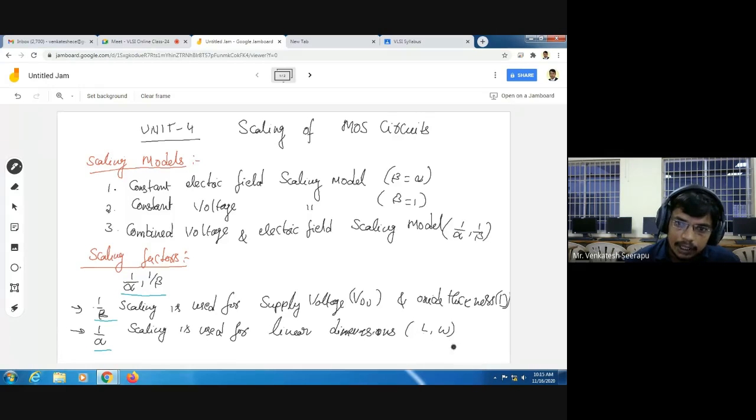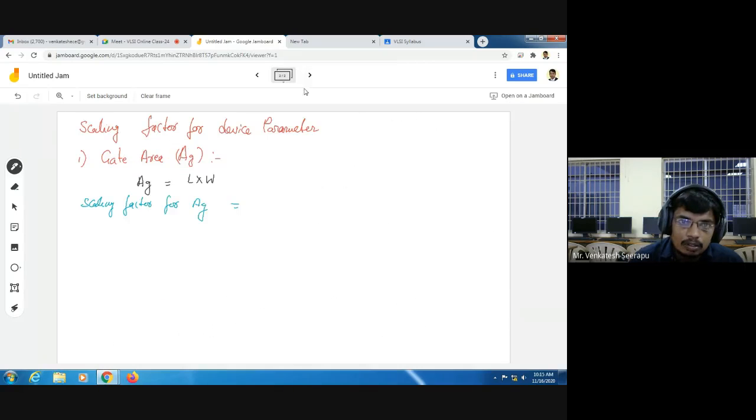So for L and W, these are the vertical and horizontal dimensions of a surface, so the scaling factor is 1 by alpha. For L we have a scaling factor 1 by alpha. Similarly for W also we have a scaling factor 1 by alpha.